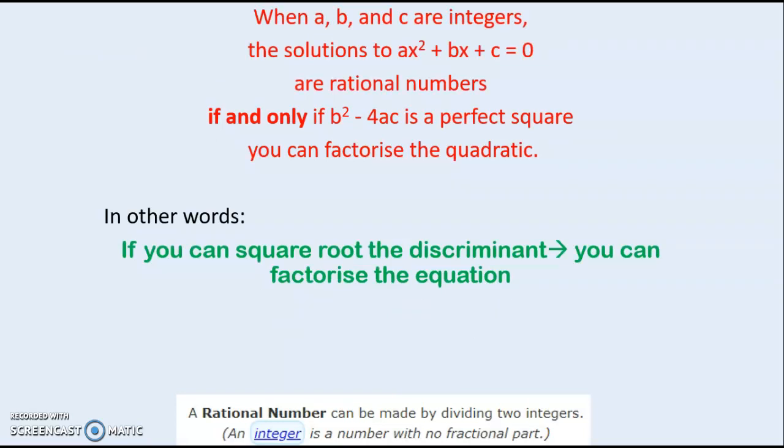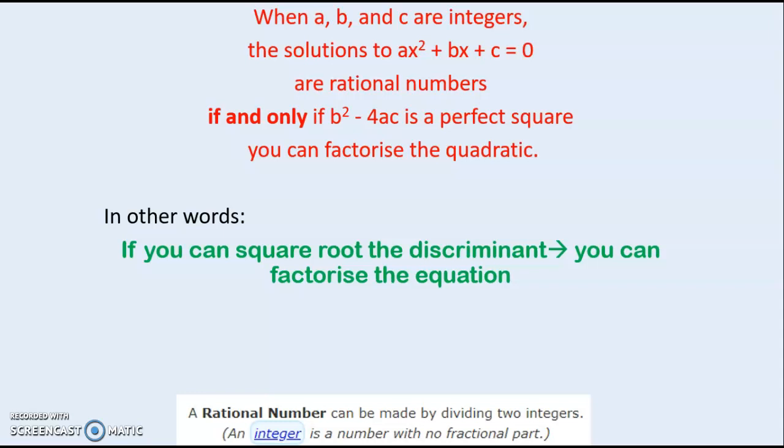Now, another piece of information that we talked about was that the discriminant helps us identify whether we can factorize this quadratic or not. So when a, b, and c are integers, so positive or negative whole numbers, the solutions to ax squared plus bx plus c equals 0 are rational numbers if and only if b squared minus 4ac is a perfect square.